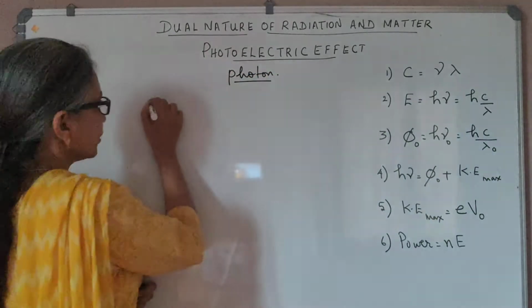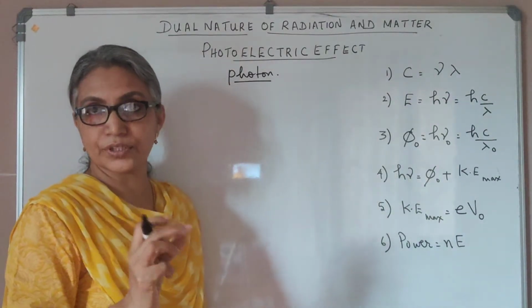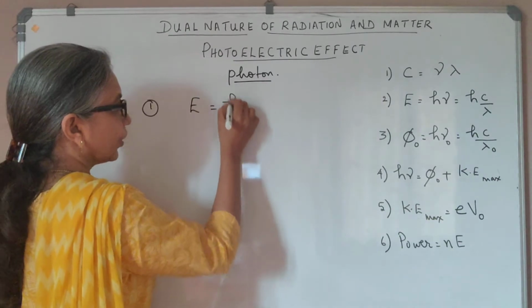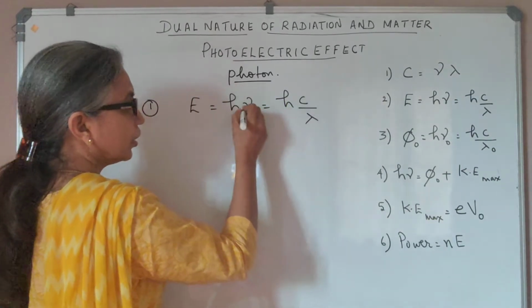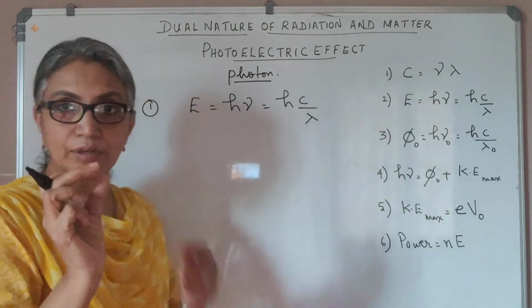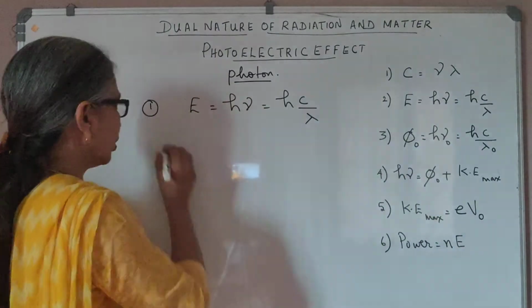The first thing to note is that each photon, each packet of energy of this electromagnetic radiation, had an energy equal to h nu, which is therefore equal to hc by lambda, because you know nu is equal to c by lambda. So every photon has an energy equivalent to hc by lambda.